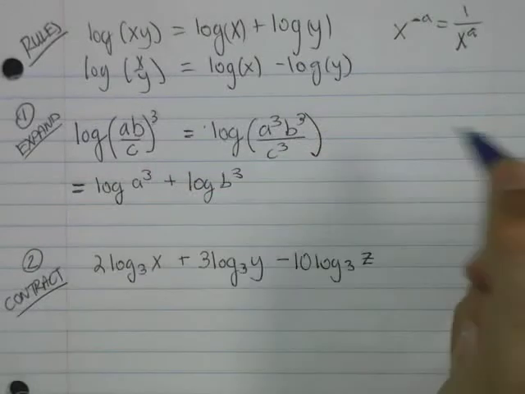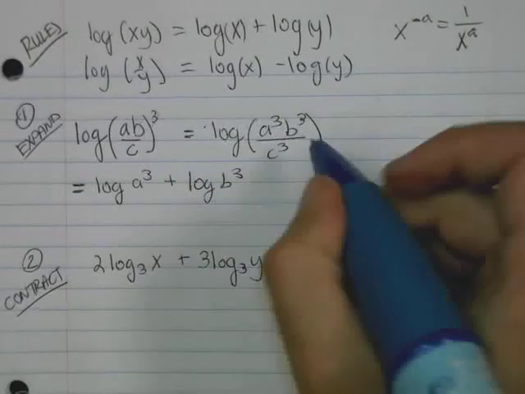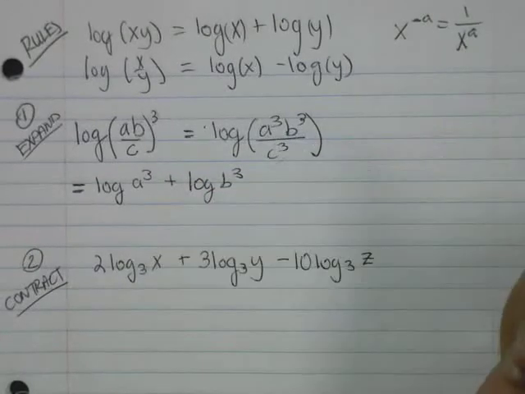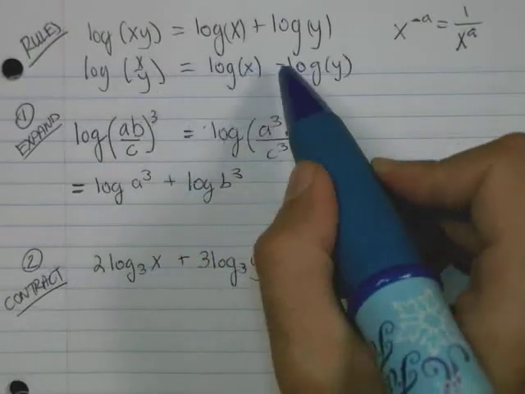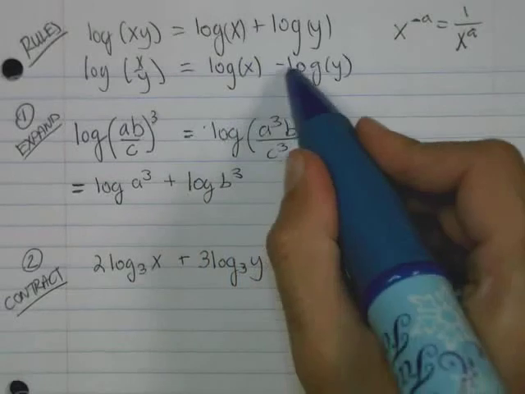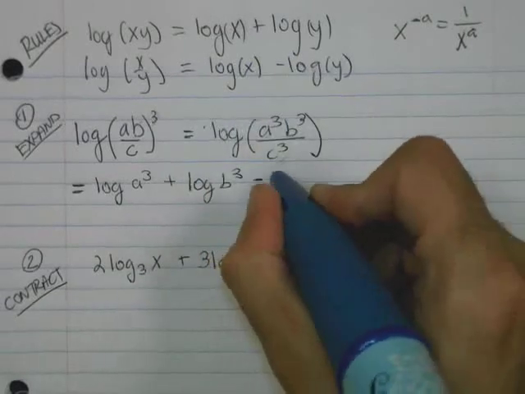Well, what do I do with this thing on the bottom here? Have you thought about it? Yeah, use this rule here. And this rule says that if it's sitting on the bottom, I subtract it. So minus log of c cubed.